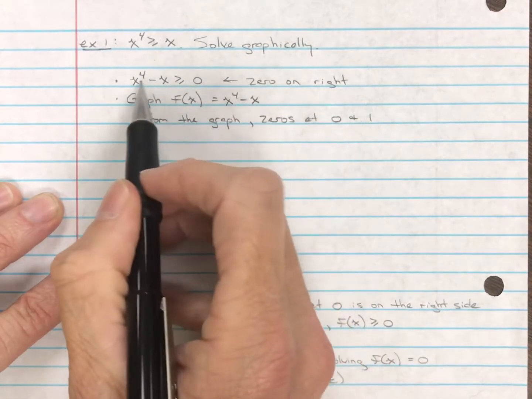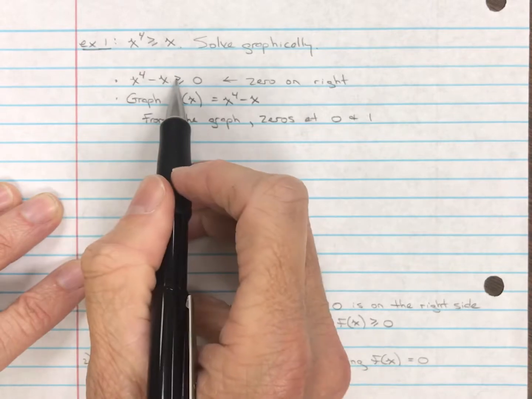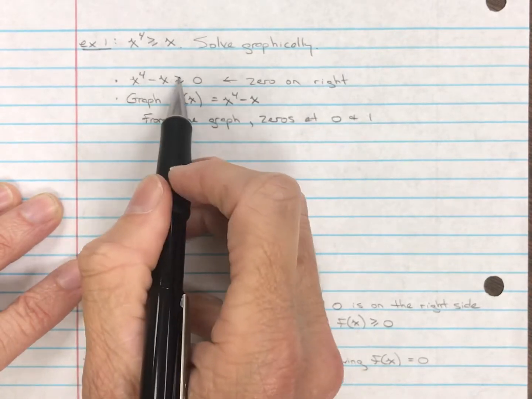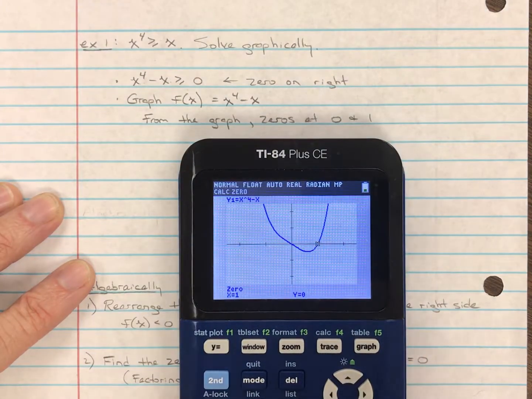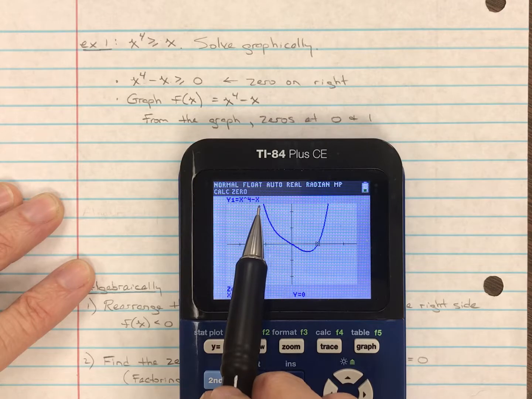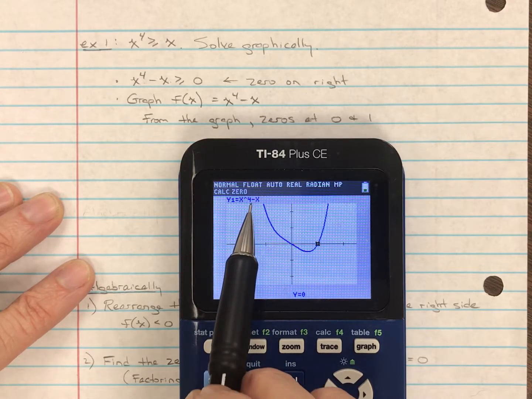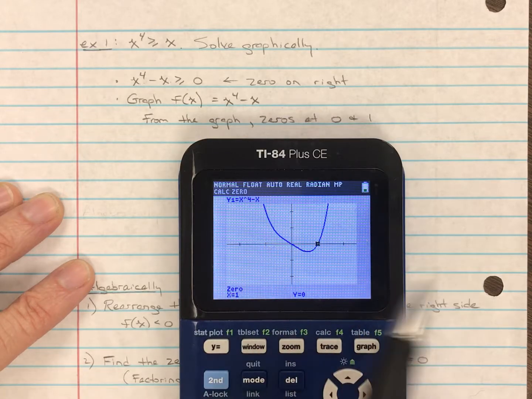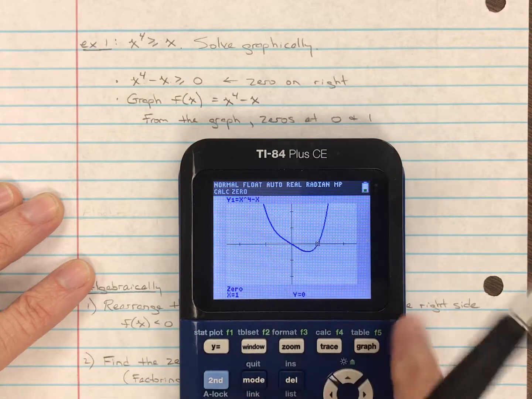We're looking for this graph to be greater than, or equal to, of course. We want to be above the x-axis. So this graph is above the x-axis before 0. So the graph is greater than 0 before 0, and after 1.